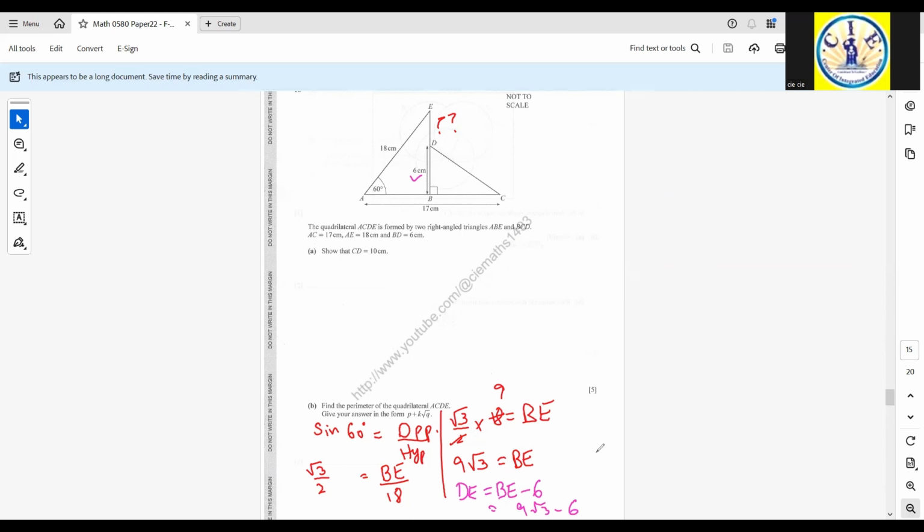Now, to calculate the perimeter, 18 plus 17 plus this was 10, calculated in the previous part, and plus DE. This is this distance. 9 radical 3 minus 6.